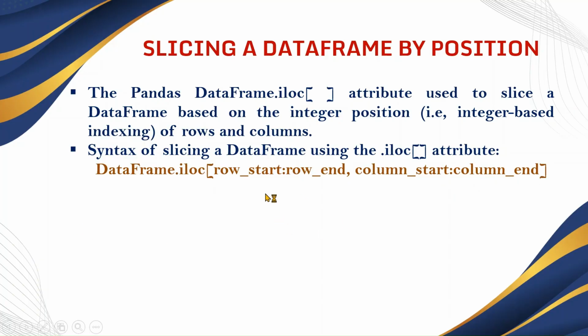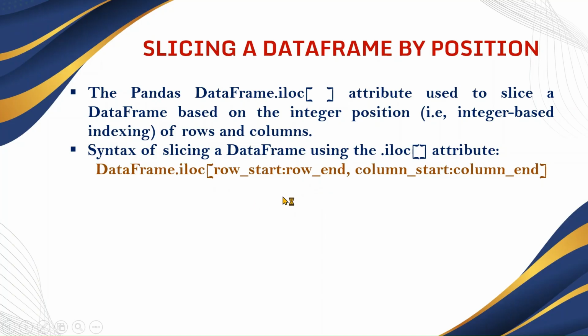Okay, and when you go for iloc, that is index based indexing, it starts with the row start, and whatever row end you give here, it will take n-1. Suppose I write 1 colon 3, it will start with row number 1, but it will end with n-1, that is 3 minus 1, 2.